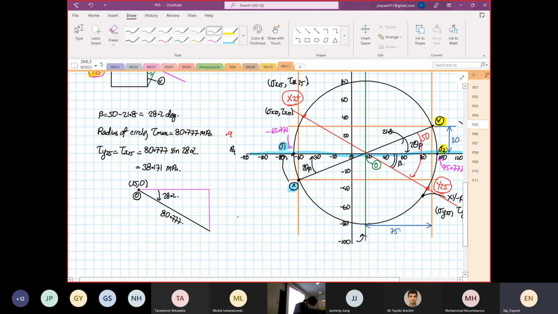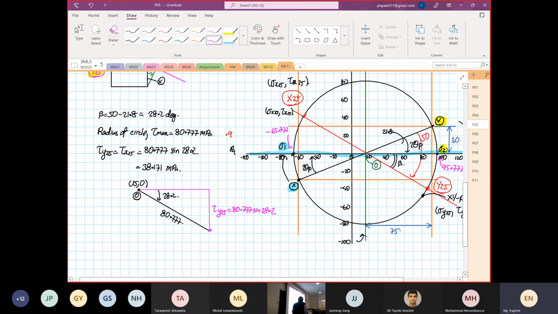So this value or this location over here, the shear Y25, is equal to 80.777 sine 28.2. Are we clear?